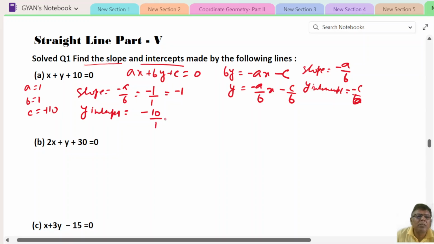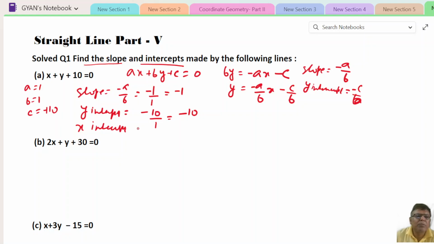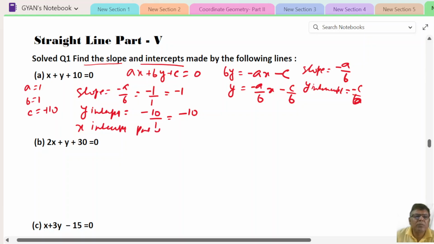B was how much? 1. So the y-intercept is minus 10. So what is the x-intercept? For the x-intercept, put y is equal to 0. So if y is equal to 0, then x is equal to minus 10. So the x-intercept is also minus 10.